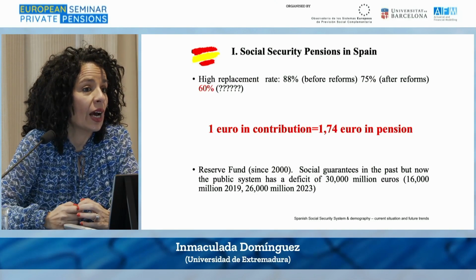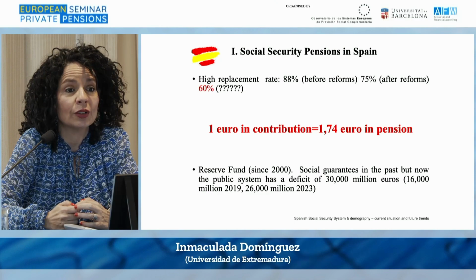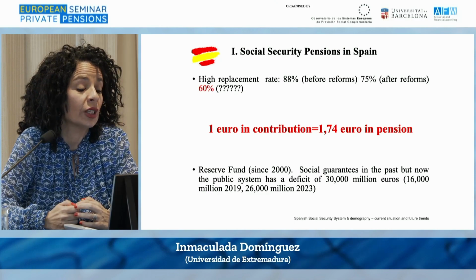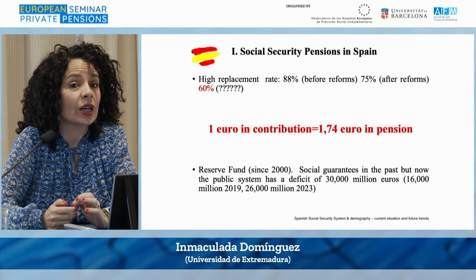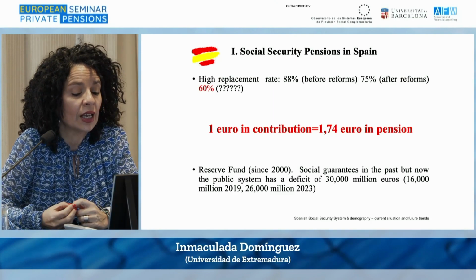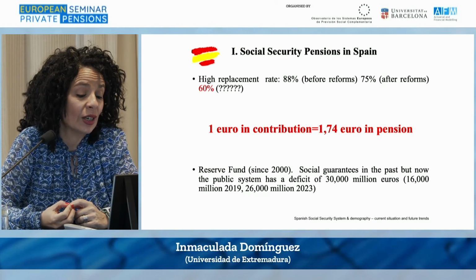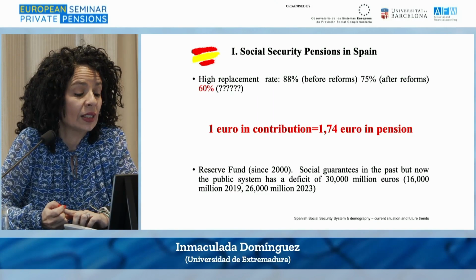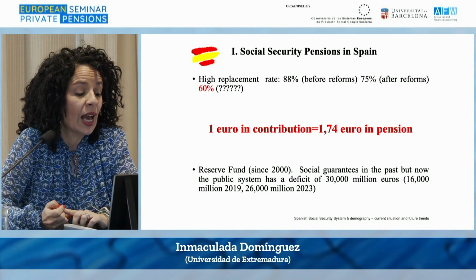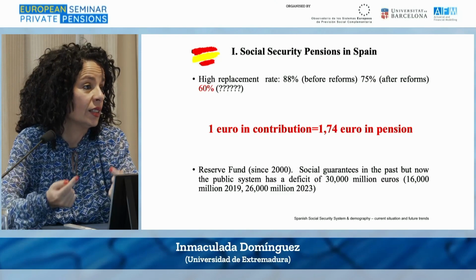In Spain, we have a reserve fund, and this was very important for the politicians because they said, no problem, the system is okay because we have an important reserve fund. But now this reserve fund is not really good, and we have an important debt, an important deficit. And this deficit increases each year.